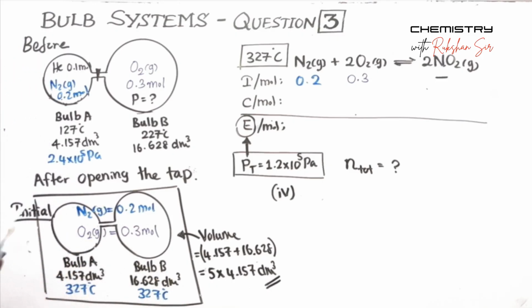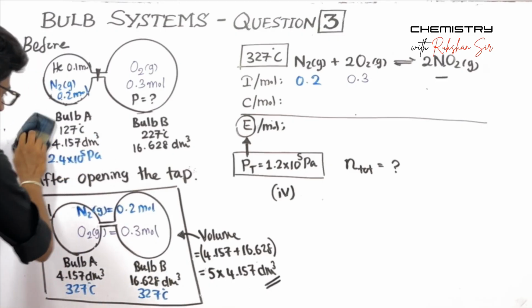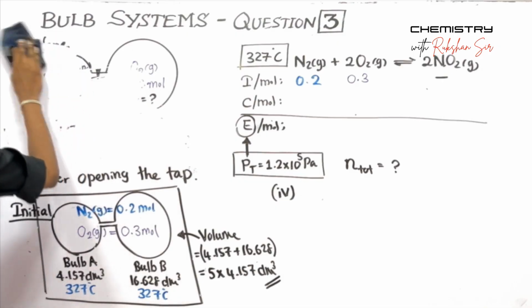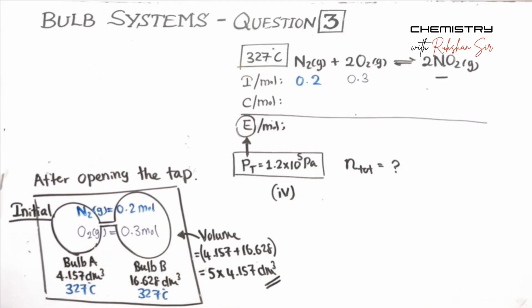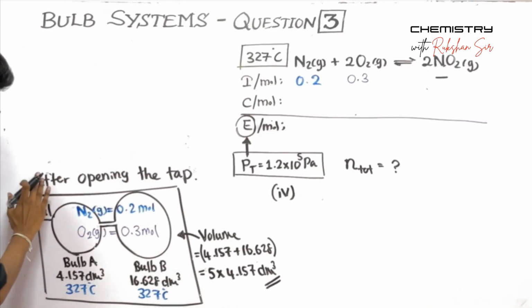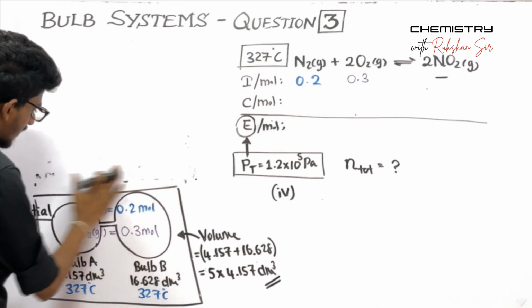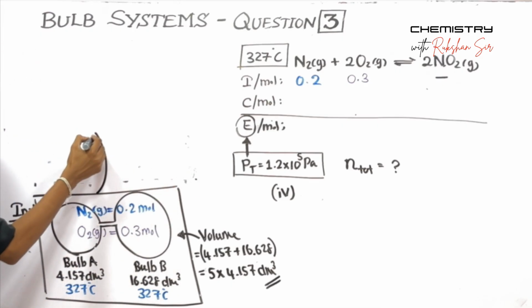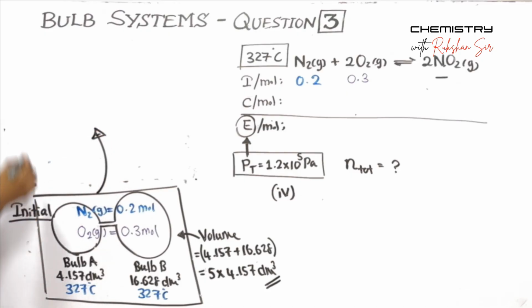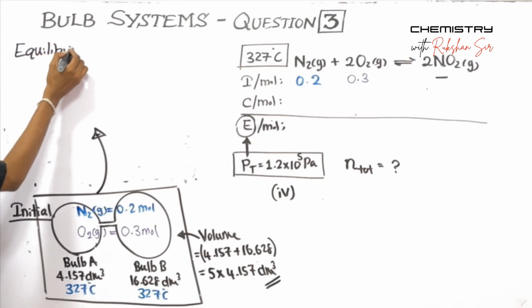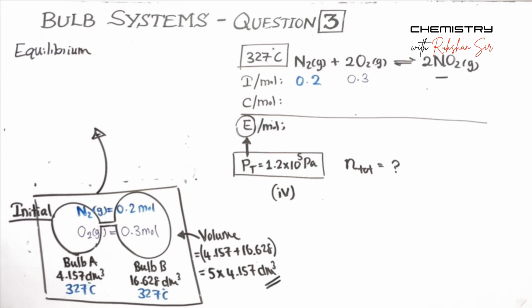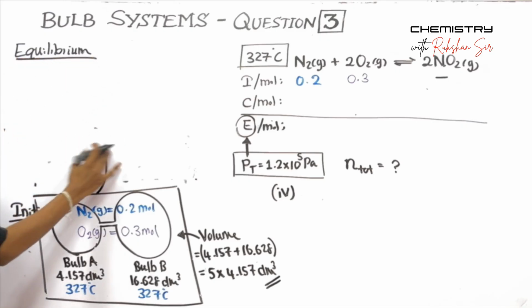So to get some clear idea, I'll draw it here. It's the initial system. After opening the tap, this will convert to the equilibrium system, right? How it looks like.